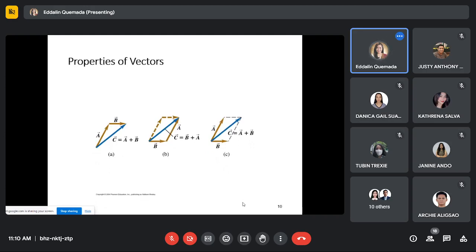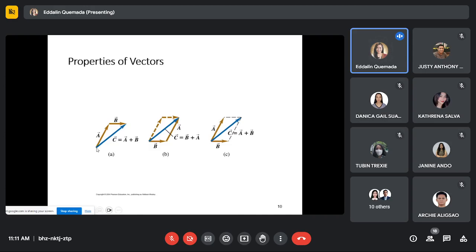Okay. Now we proceed, class, to properties of vectors. So let's have here three scenarios. In A, I want you to pay attention this time. We have here vector A, class, heading towards north of east, and another vector, vector B, is connected to that and is heading towards east.